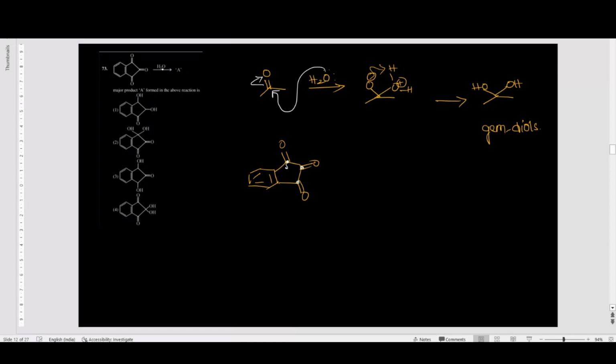Let's check the delta positive on each carbonyl carbon, right? If you check over here, it is participating in resonance, so the overall delta positive will decrease due to this resonance. Here also the same situation, right? So the delta positive on this carbon and this carbon is more, so water will attack on this carbonyl carbon, and it will form gem diols.